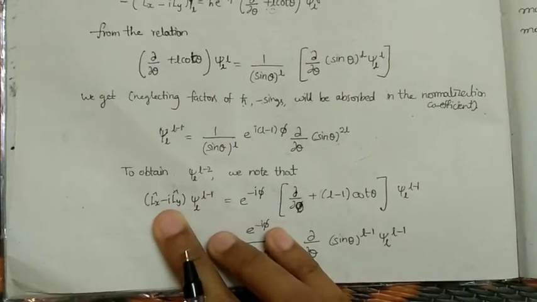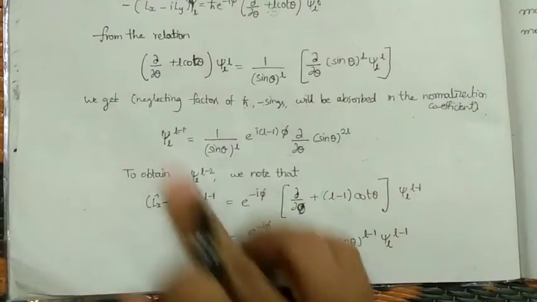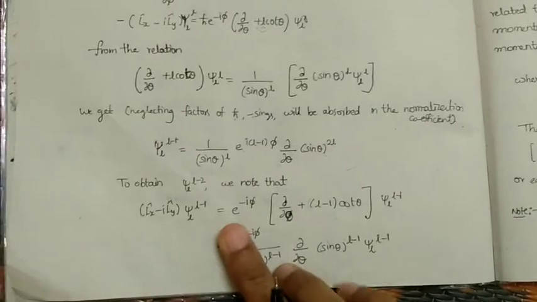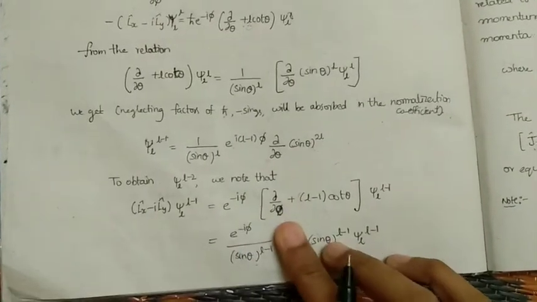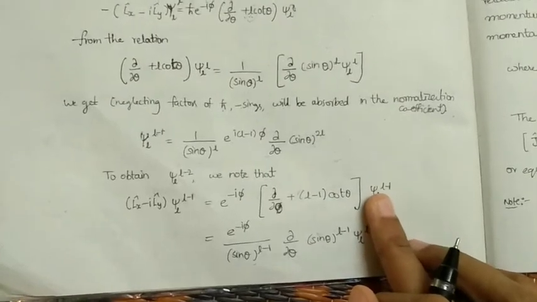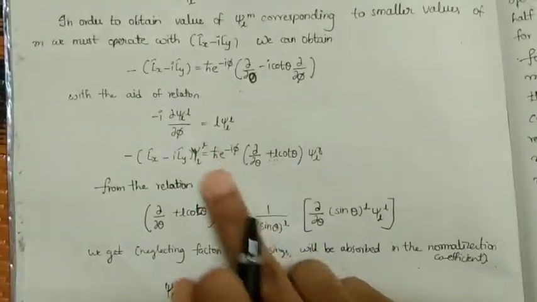So here Lx minus iLy is getting operated on this wave function, and that is nothing but e^(-iφ)(∂/∂θ plus (L minus 1) cot θ) ξ_L^{L-1}. So from this equation, in the place of ξ_L^L we are having ξ_L^{L-1}, so just replace it.